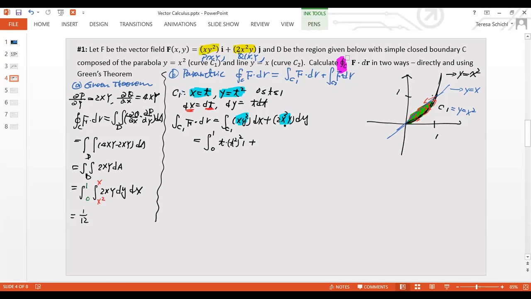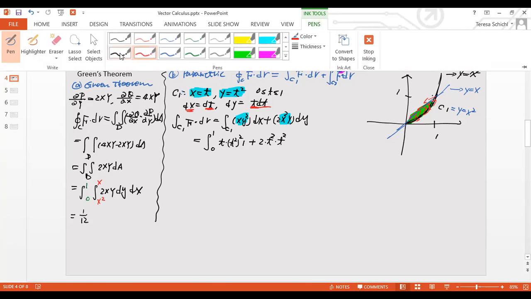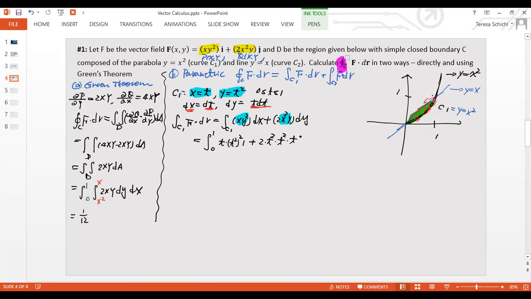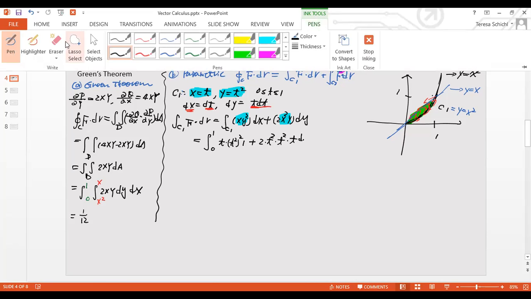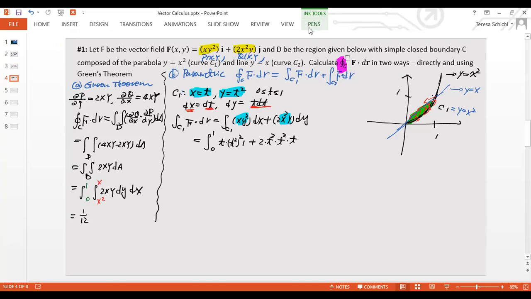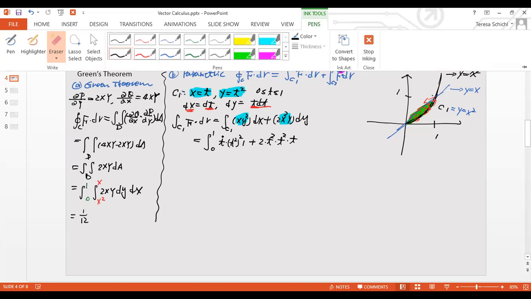Then plus 2x squared, so it's 2 times t squared times y times t squared. dy/dt is here, so you have another t dt. Now the overall is here.